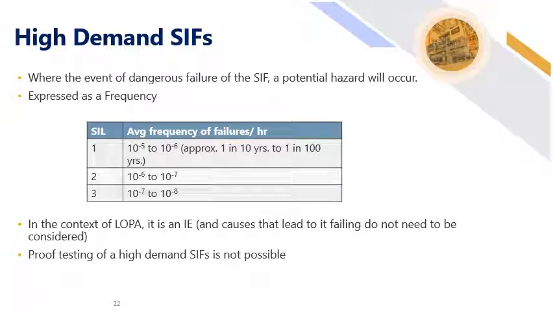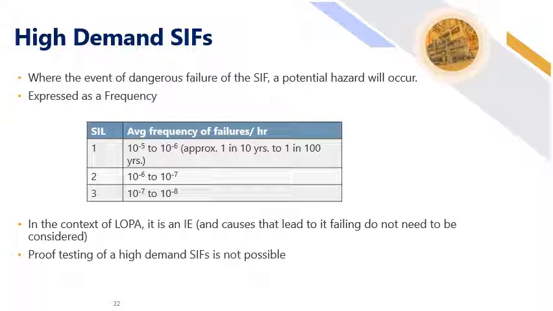So all of the different things that can activate and put a demand on that function, we don't consider those as initiating events anymore, and we just consider the failure of the safety function itself as the initiating event. And so then, because we're taking it as an initiating event, we need to look at it as a likelihood and not a probability to fail on demand.